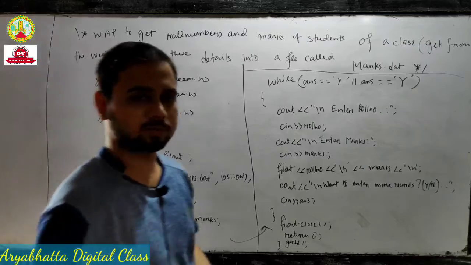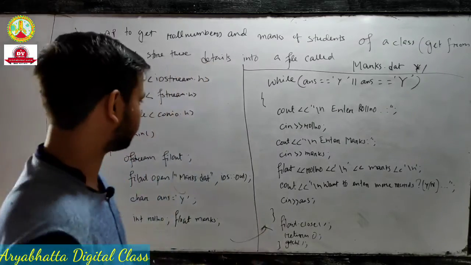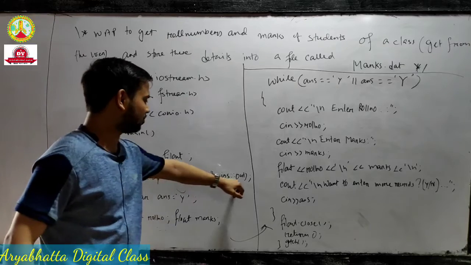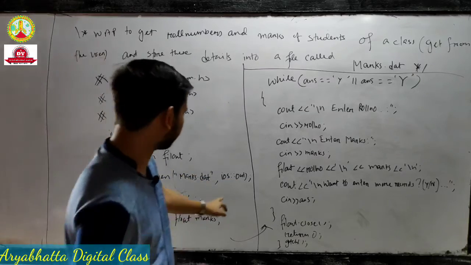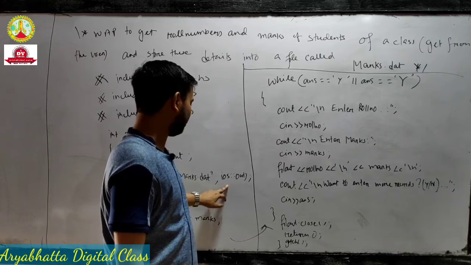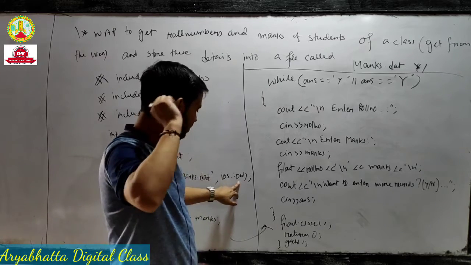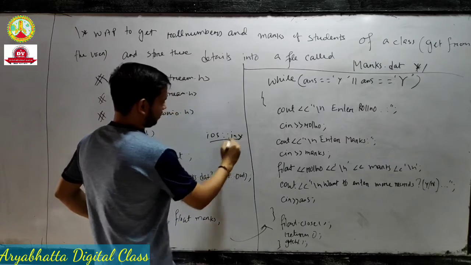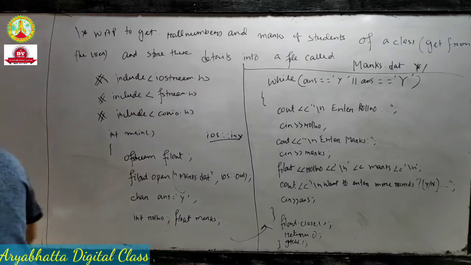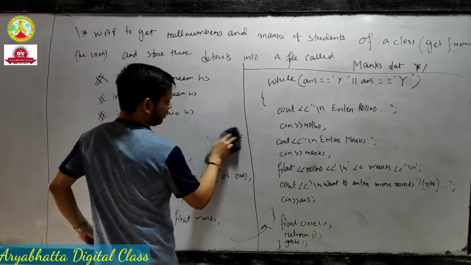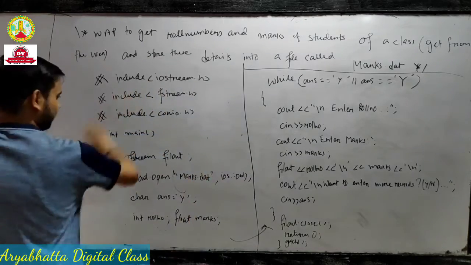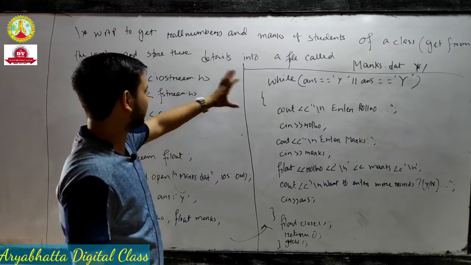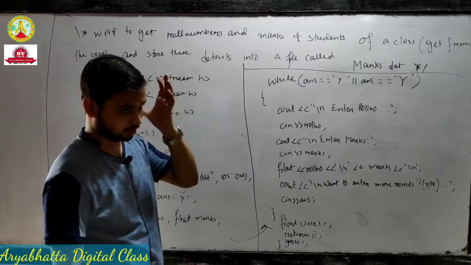So we declare the file mode ios::out. Why ios::out? Why did we not declare ios::in? Because we input nothing from a file in this program. Do we input anything? No, we don't give any value from a file to this program.